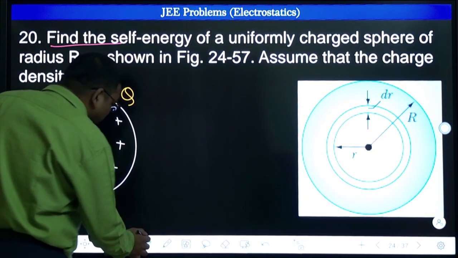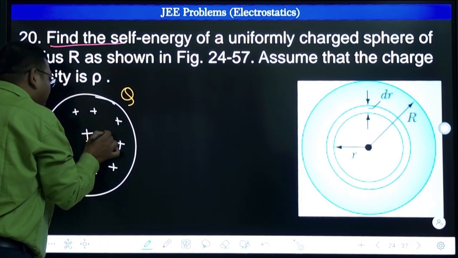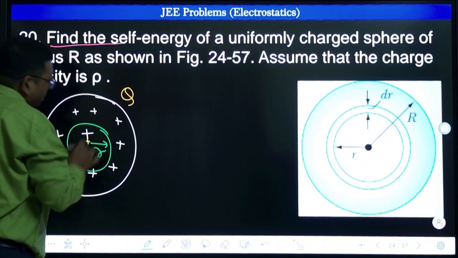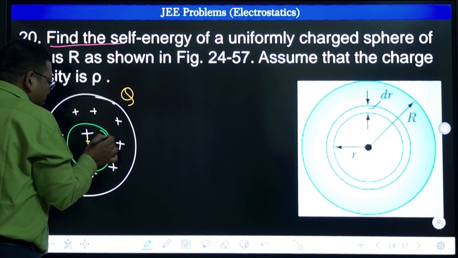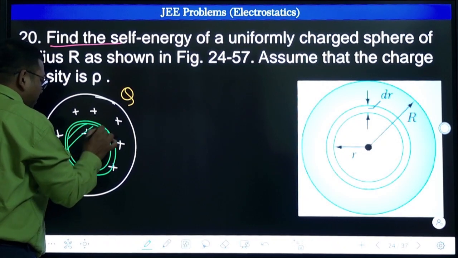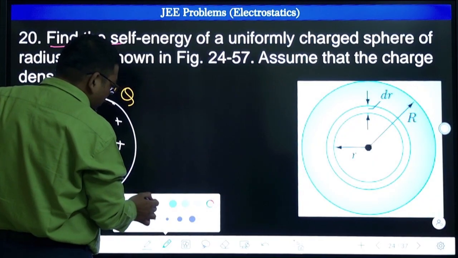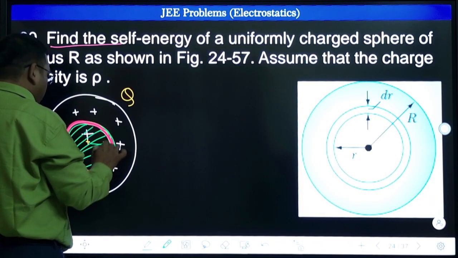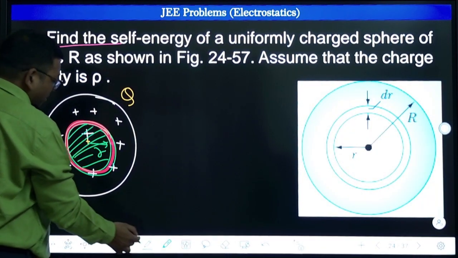For that, let us say I was making it, and I have made a small solid sphere of radius small r. Total radius is capital R. I have already made this solid, but now I am bringing a small charge and spreading it over the surface to make it bigger.